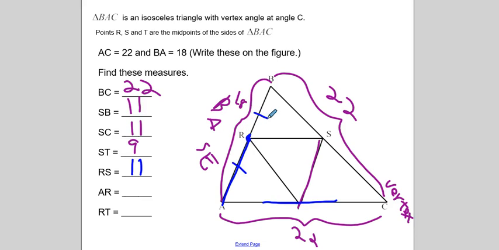These two pieces match. So that makes AR 9. And how about RT? RT is right there. Again, just take your pencil and roll it. It's parallel to RC, which is 22, which means RT is half of 22, which makes it 11. Okay, we're done.